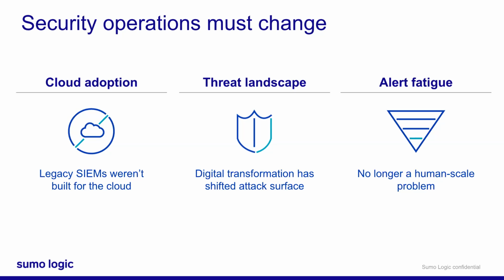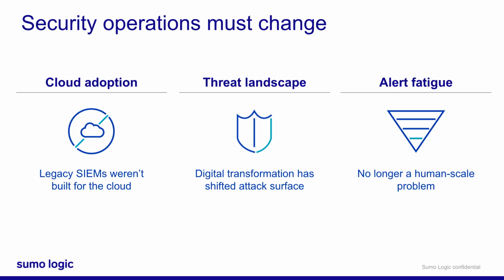And we should realize that there is alert fatigue happening, because the number of alerts that we see is no more a human-scale problem. There are a lot of devices and infrastructures generating a lot of alerts, and the number of alerts is easily outpacing the number of analysts and security capabilities that we have.